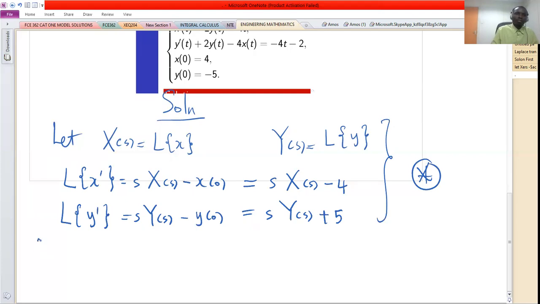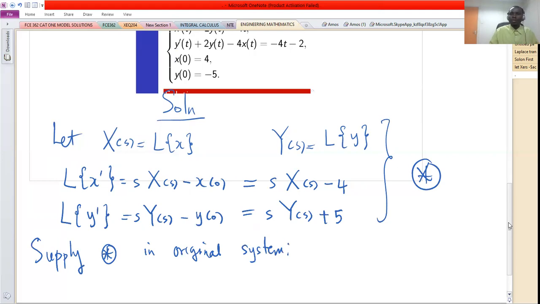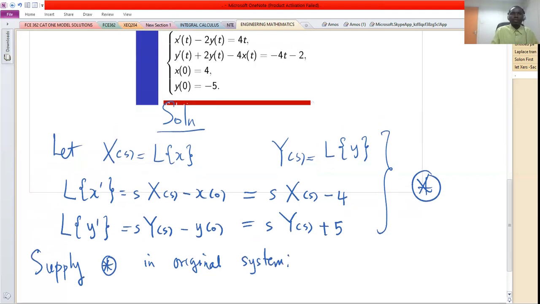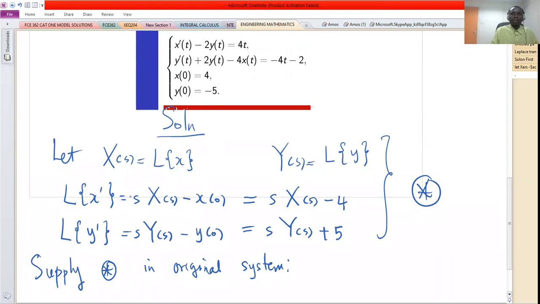So apply star in the original system. Remember, where there's x prime, we put this; y prime, we put this; x, we put this one here, and for y, this one.